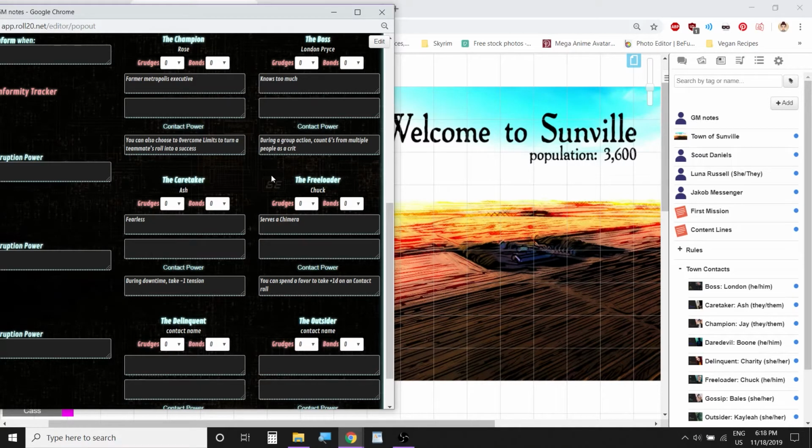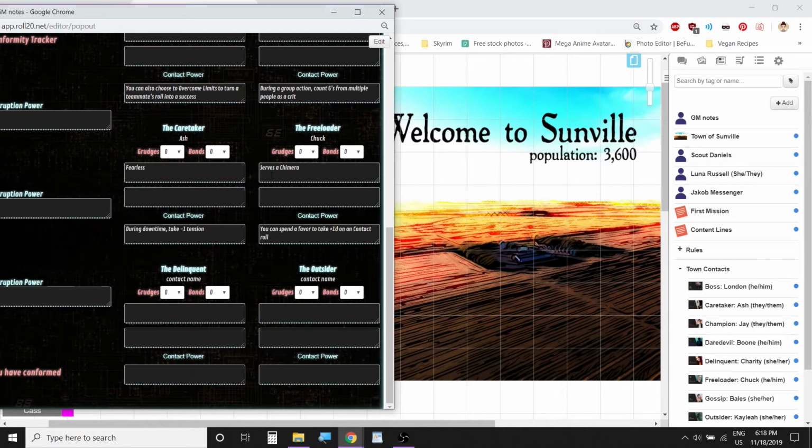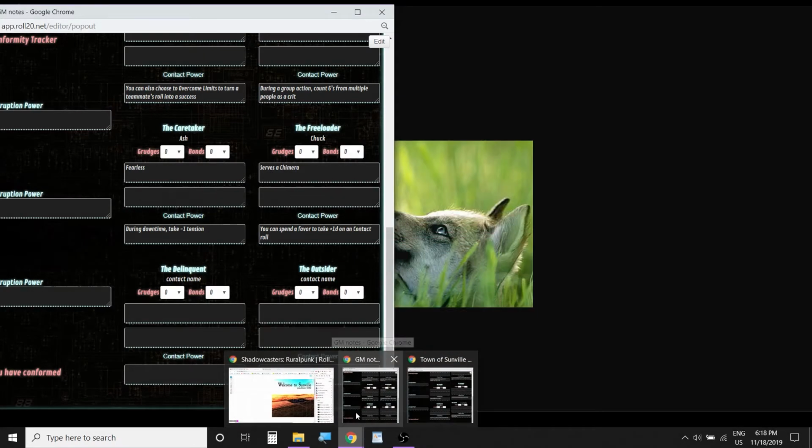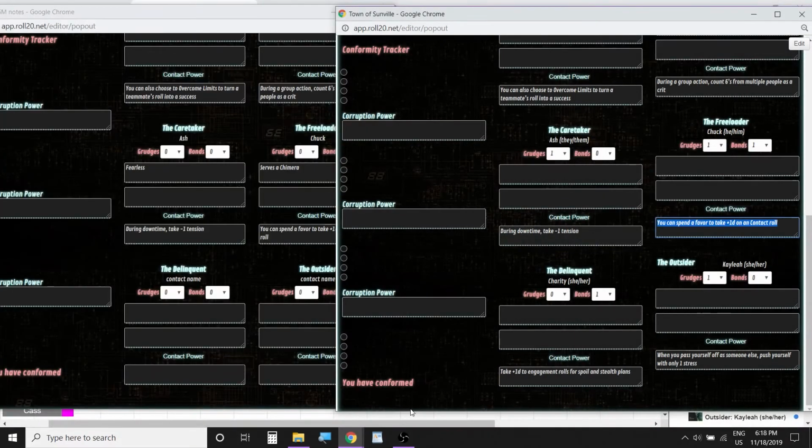And so our freeloader Chuck, he serves a chimera. And we actually have a chimera in one of the local town factions, so most likely he serves that one. And I think that's going to be interesting because Jacob, who he's had this fight with, is the wild soul of the group.